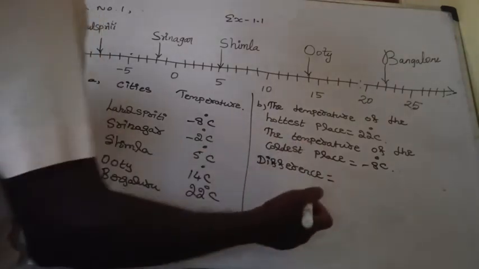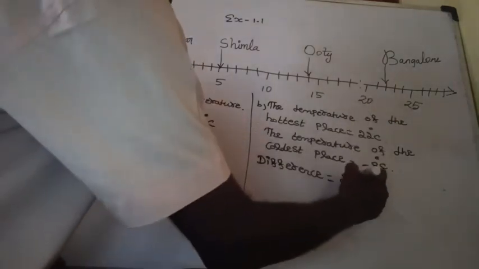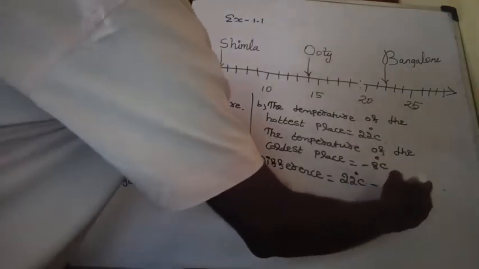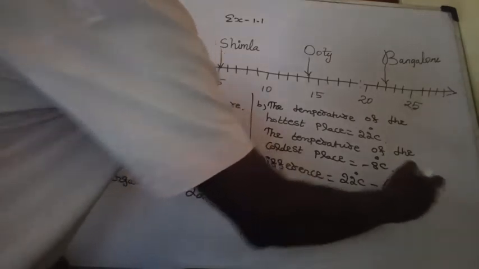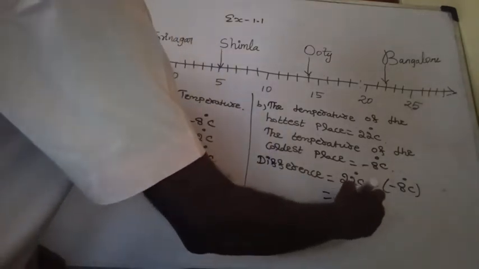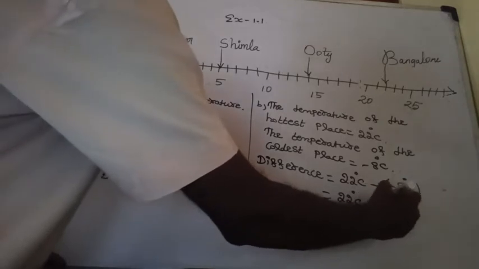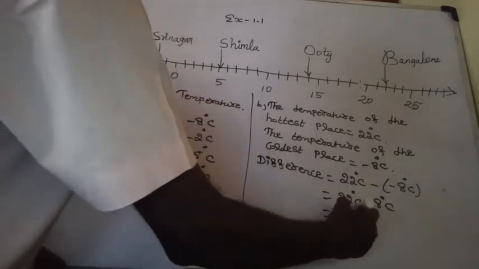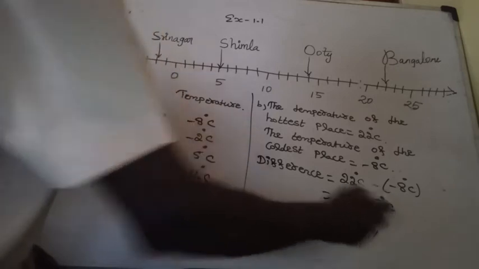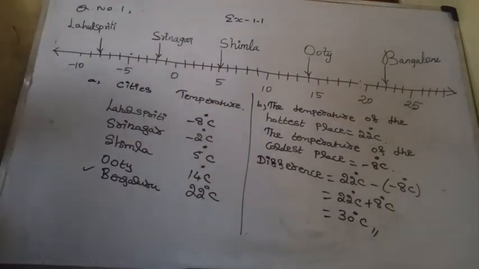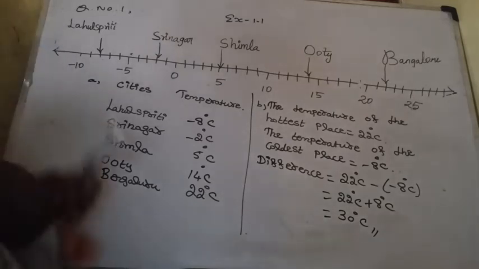So here what is the greatest integer? 22 degrees Celsius, minus smallest, that is minus 8 degrees Celsius. Then 22 degrees Celsius plus 8 degrees Celsius, which is equal to 30 degrees Celsius. Are you getting, dear? Yes. So we completed the second part in the first question.